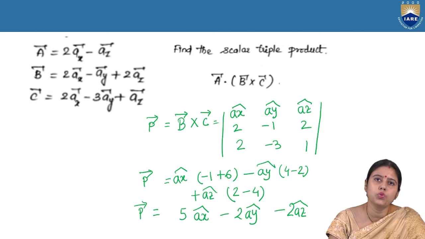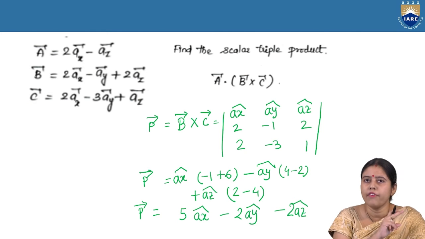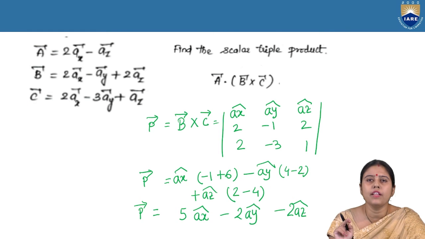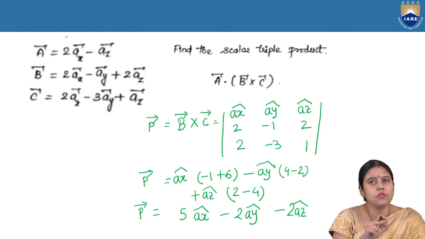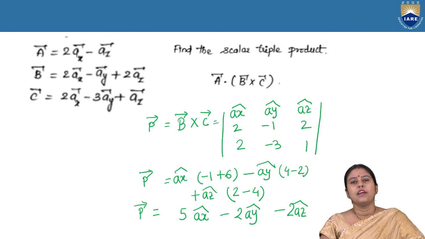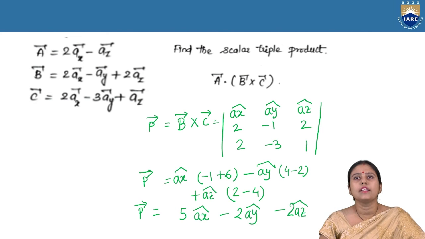If we have to do B cross C, first line will be the B components, second line will be the C components. If we want to do C cross B, first line will be the C components, second line should be the B components. Now we can calculate the determinant.